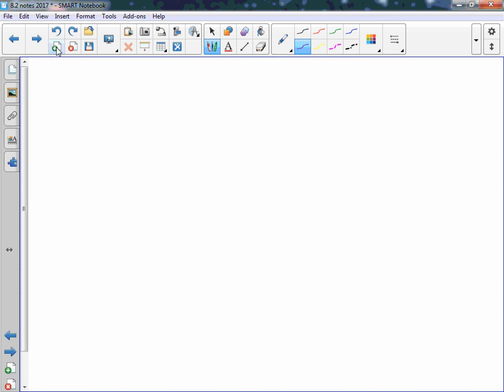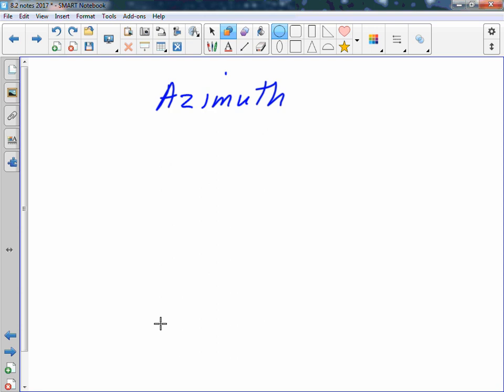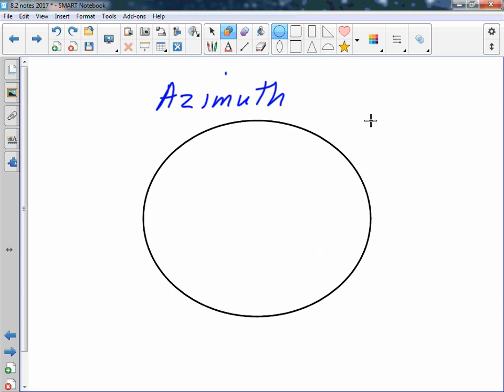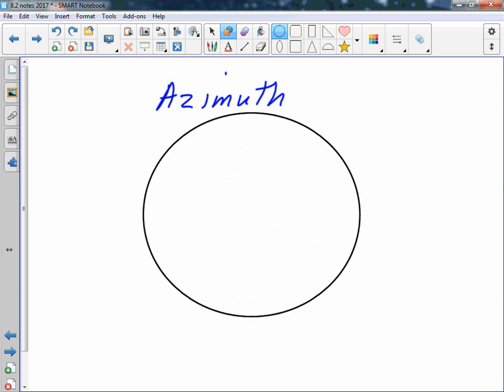Next up, we have azimuths. Azimuth. Maybe a little bit simpler system. This one I alluded to at the beginning of the vodcast.